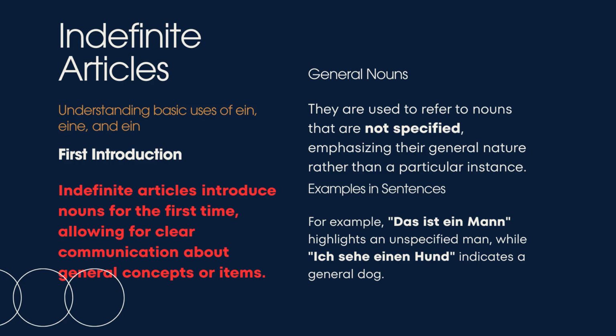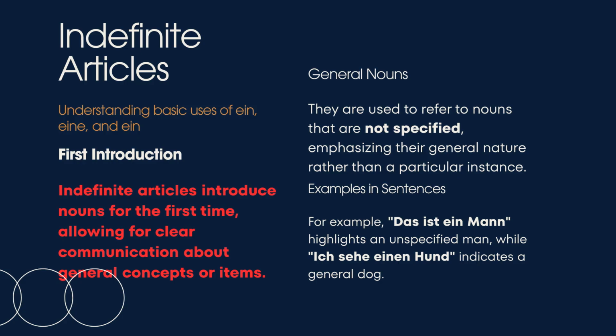Whenever you're talking about general nouns or general things, or you want to speak about something for the first time, you use indefinite articles to identify that noun. An example is saying das ist ein Mann.